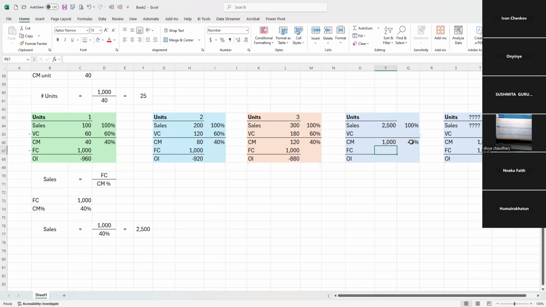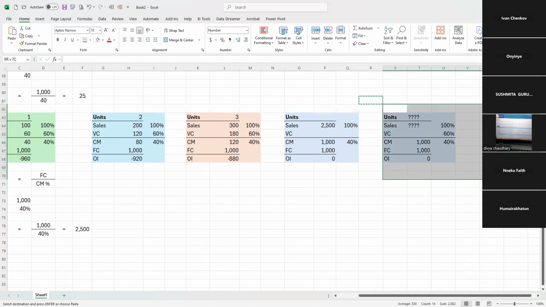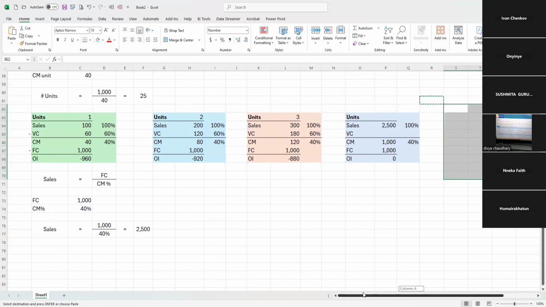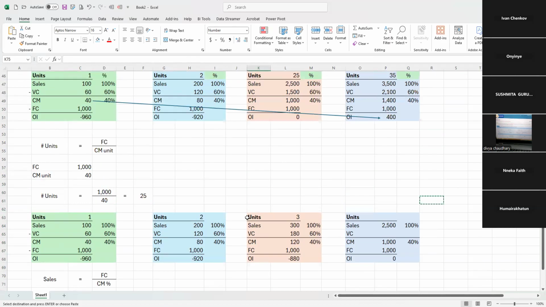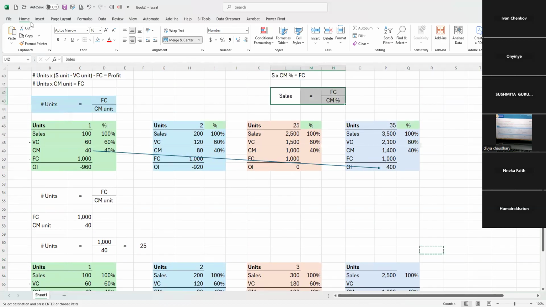How much was my fixed cost? 1,000. What is the difference between them? 0. And now I'm at break even, correct? Make sense? Can you guys see it? Yes. So obviously this formula also works.